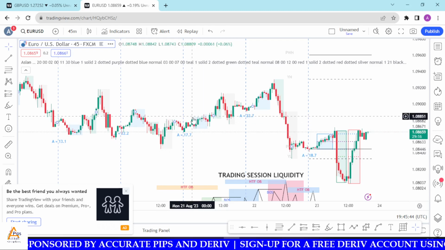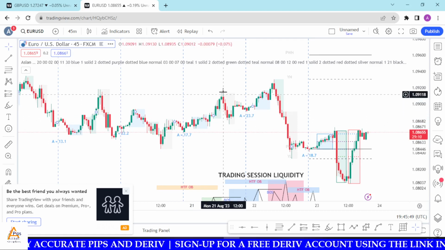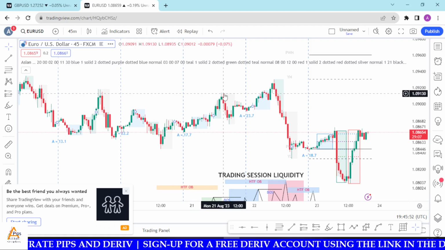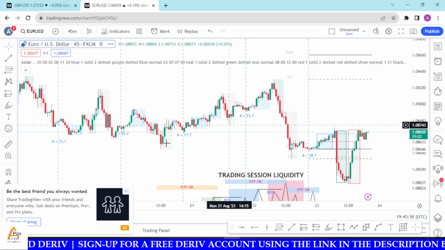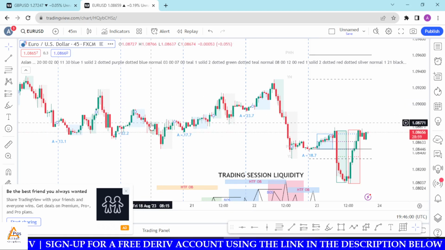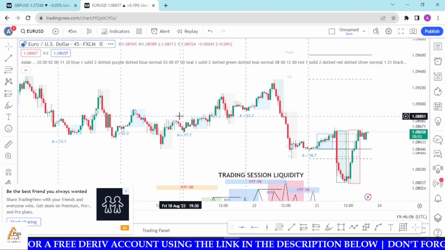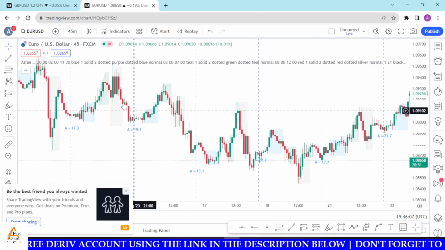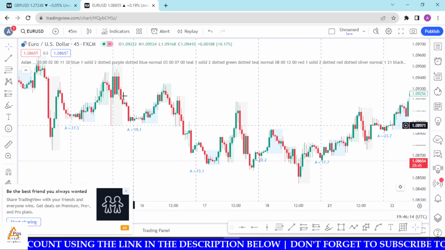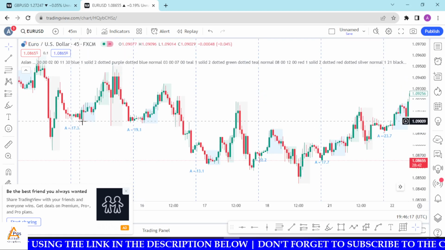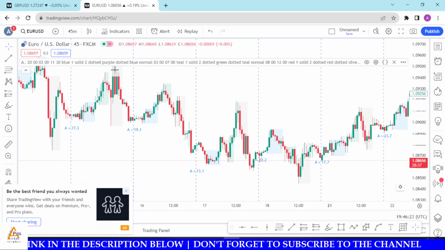Over here we can see Asia is bearish, London bullish, and also Asia bullish, London bullish, and then New York bearish. If we come here, Asia bullish, London bearish, New York bullish. You get it? If we backtest, you see the same thing happen almost every day. One always gets manipulated. Here you can see Asia bullish, London bullish, and New York bearish.